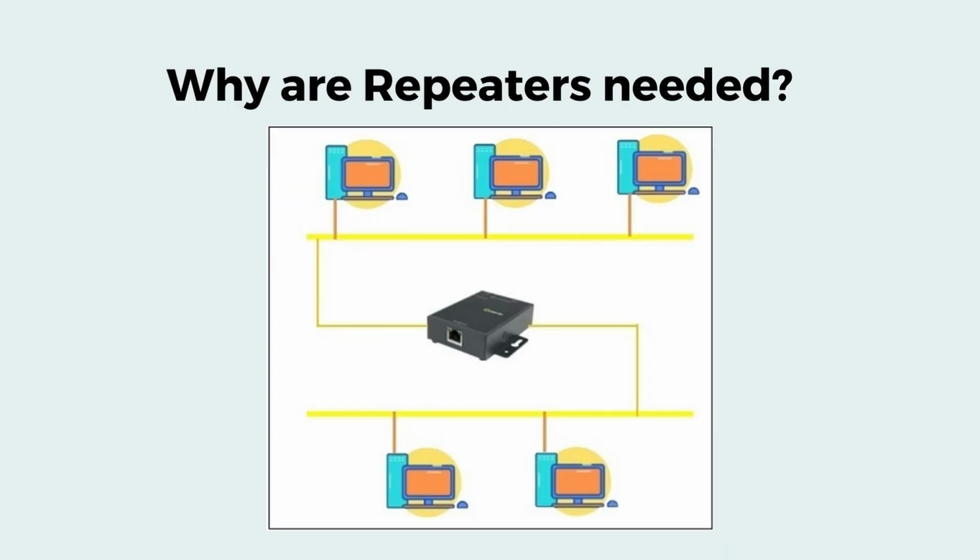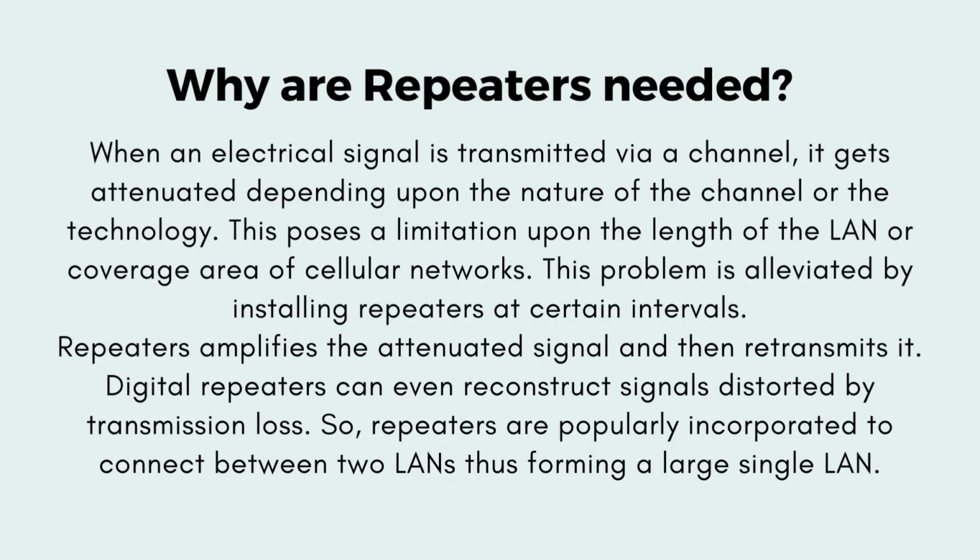Why are repeaters needed? When an electrical signal is transmitted via a channel, it gets attenuated depending upon the nature of the channel or the technology. This poses a limitation upon the length of the LAN or the coverage area of cellular networks.